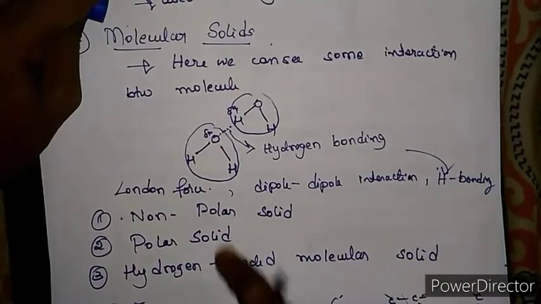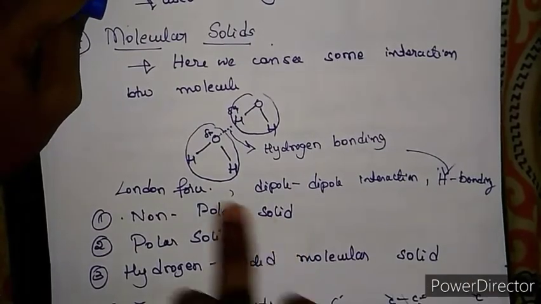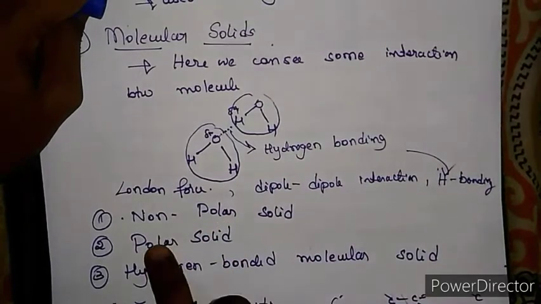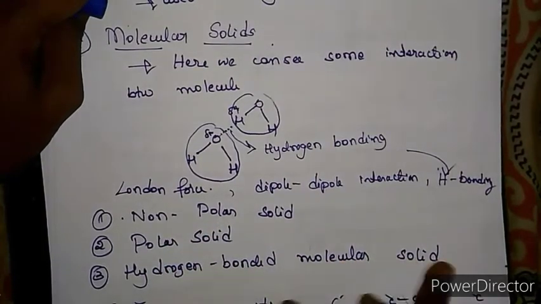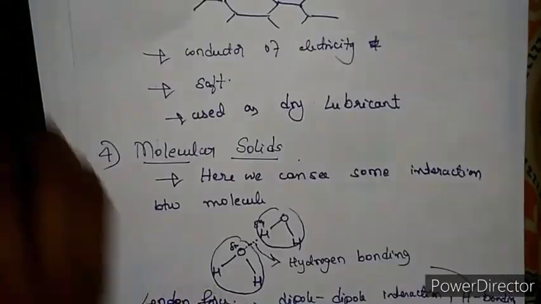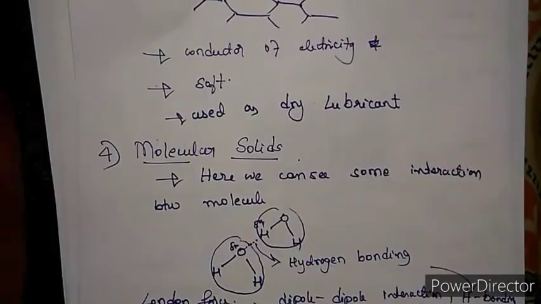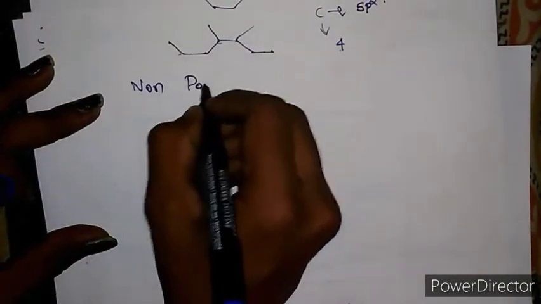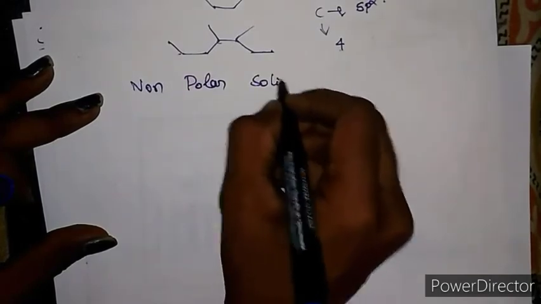These three classifications depend upon the type of interaction between the molecules: the non-polar solid, polar solid, hydrogen bonded molecular solid. We will first see the non-polar solid.